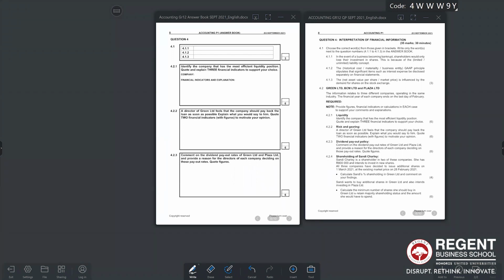Net asset value tells you what a share is worth in a company. You must know the formula. But our answer here is that the market price is influenced by the demand for shares on the stock exchange. Net asset value is in our books. Market price, JSE. So the answer for the third one is market price.